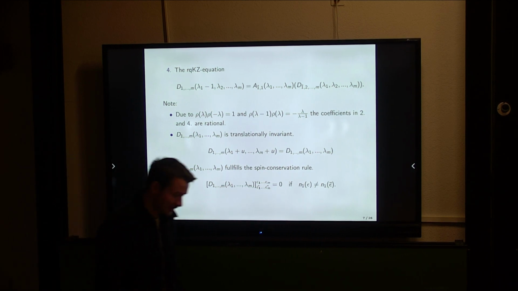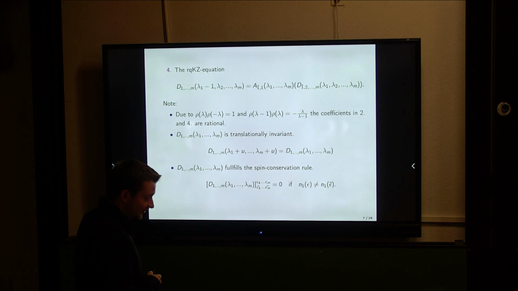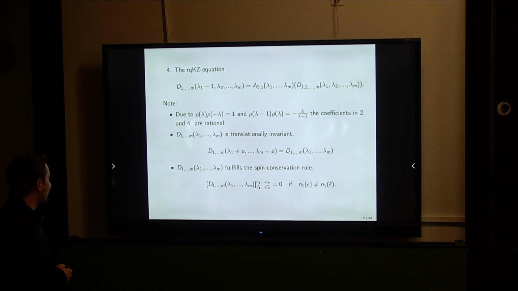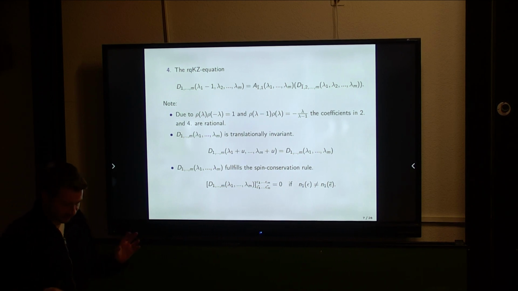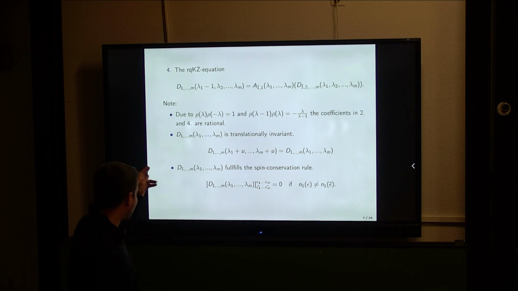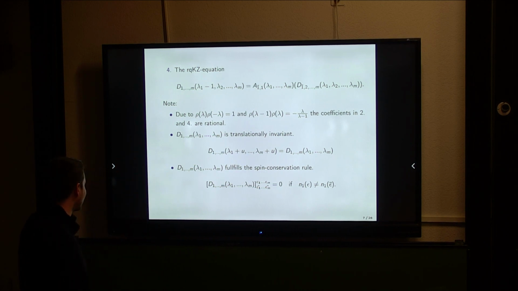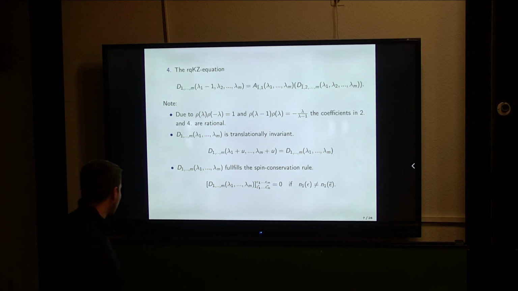But let me stop here, because the RQKZ is quite interesting. It relates the density matrix to itself by a shift, which is just 1.